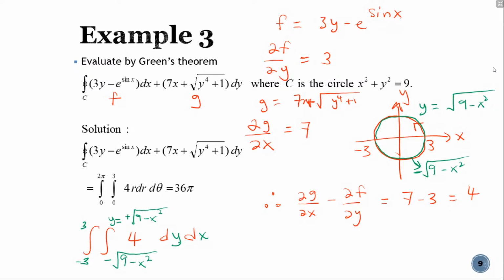But if you integrate here, you cannot solve it easily. You can try. If you try, you will get 4y, you put in the y, what you get later is the square root of 9 minus x squared, minus, it becomes plus, so you get 2 square root of 9 minus x squared dx, integrated from negative 3 to 3.